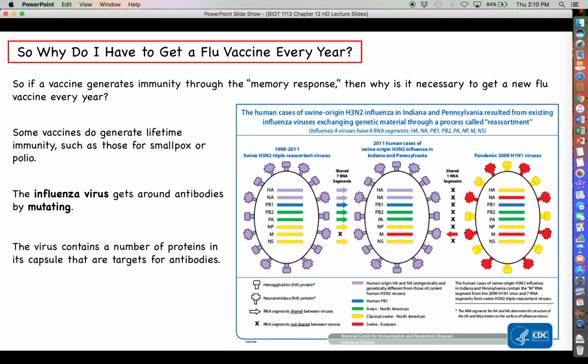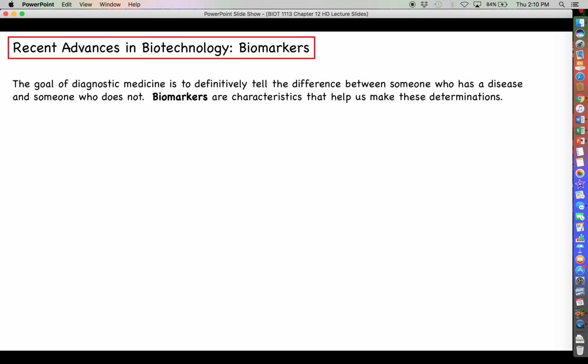We can inject those into someone and get them to mount an antibody response. But like I said, if the virus mutates and changes these proteins, that antibody from last year may not bind anymore. So if the virus is going to be sneaky and try to mutate to circumvent last year's vaccine, we need to be just as sneaky to try to stay one step ahead of the virus.